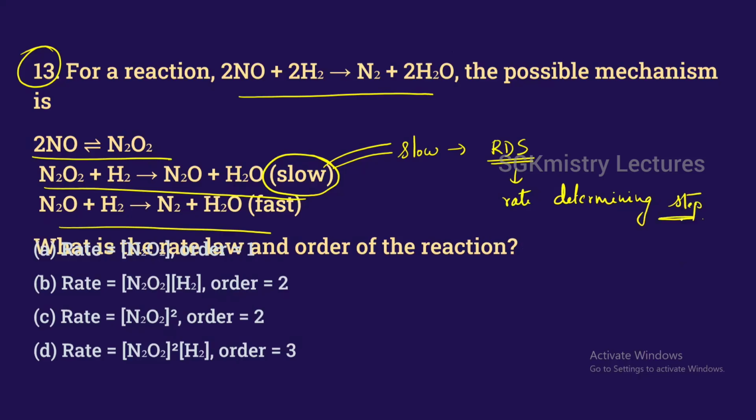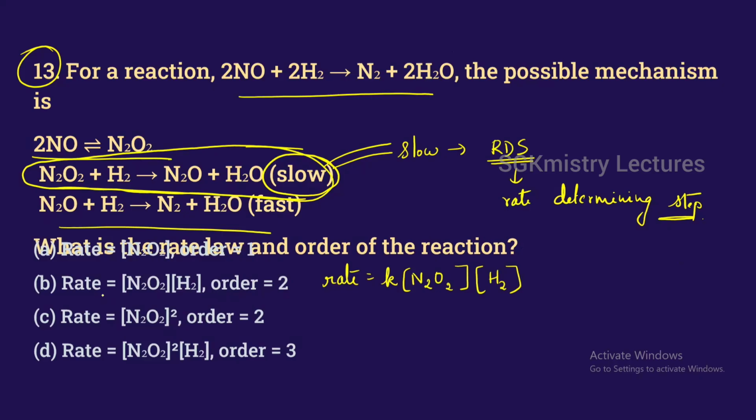Now, how do you write the equation for the rate? Whenever you're writing the equation for the rate, we are only looking at this rate determining step. So rate is equal to rate constant K into concentration of N2O2 into concentration of H2, because we are only looking into the rate determining step.